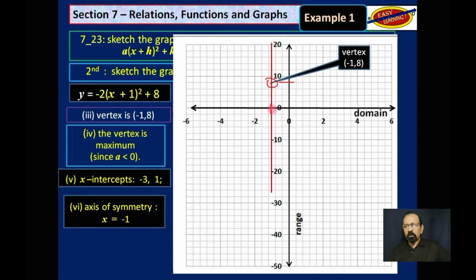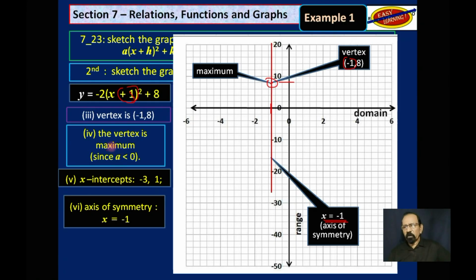We also know that the axis of symmetry is x is equal to -1, based on -h. The axis of symmetry is -1. We also know that that point is a maximum point. The graph will go up to there as the highest point. So the rest of the graph will actually be down below here.